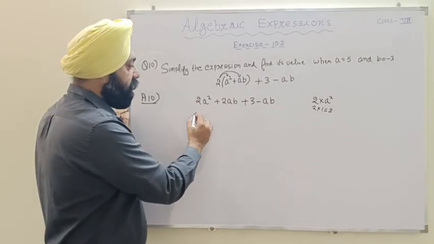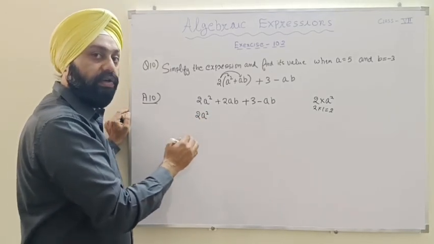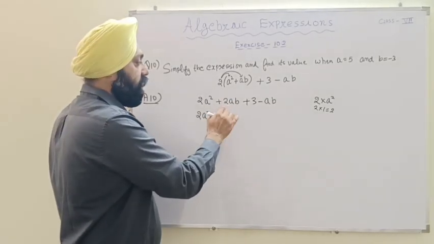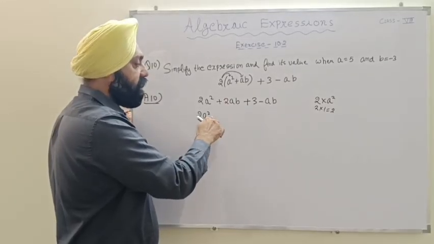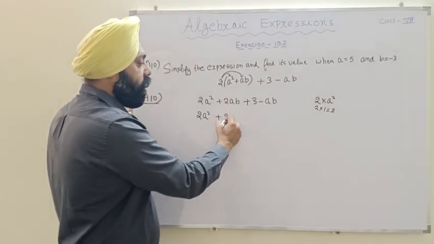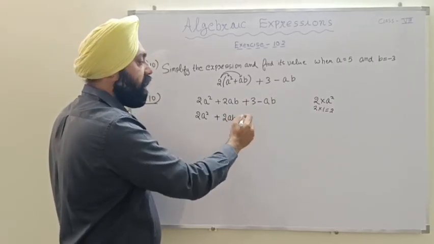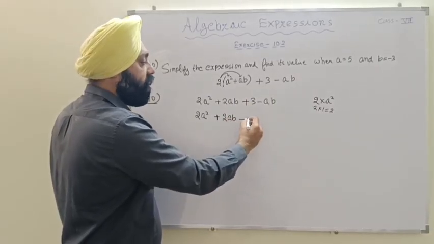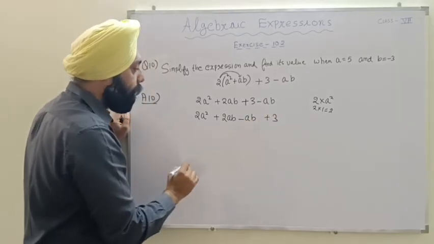The first term is 2a square, so we have to find the term which has a square in it. We don't have any other term with a square, so we will keep it as it is. Then we have 2ab. There is another term having ab in it, so we will bring it here. So it will be minus ab, and the last remaining is plus 3.